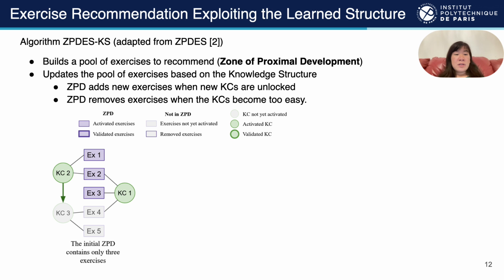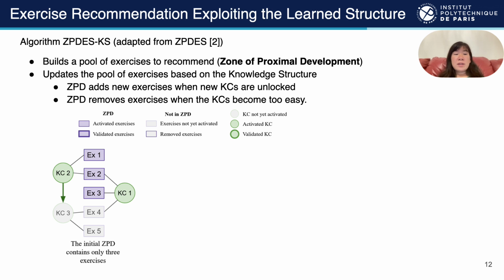So let's illustrate it with our example. We have here 5 exercises that are related to 3 knowledge components. So we first will propose to the learner exercises that train knowledge components that don't have any prerequisite.